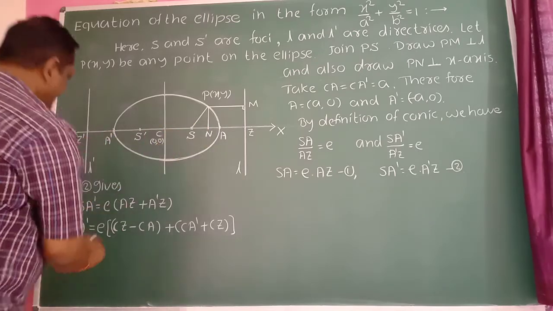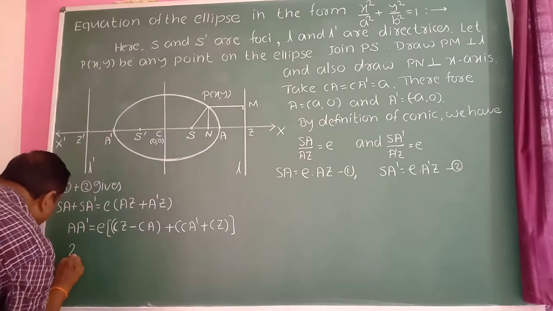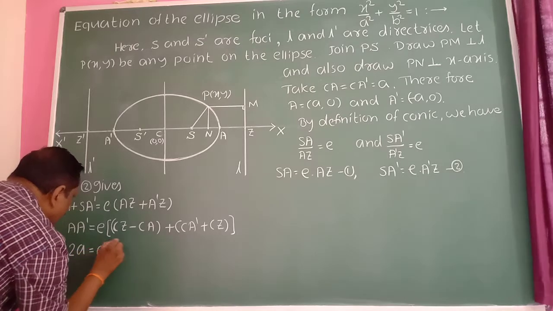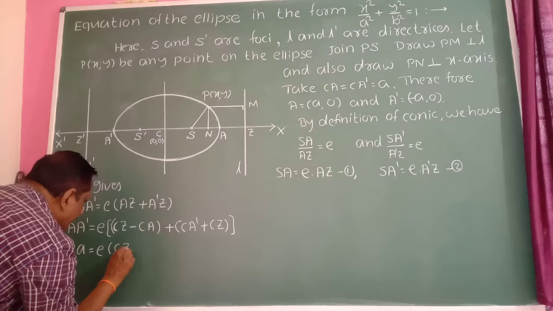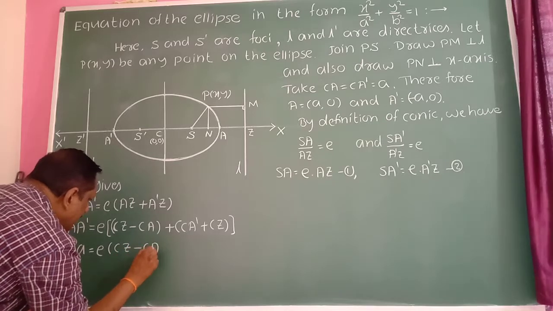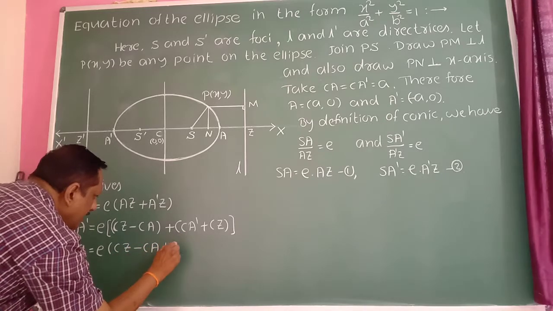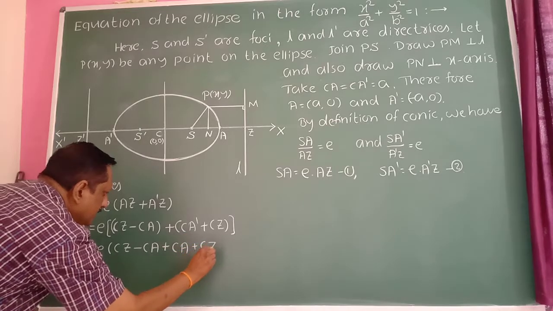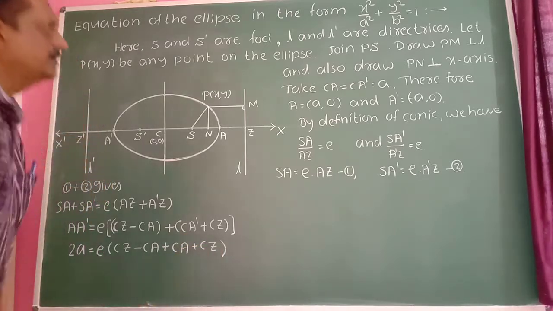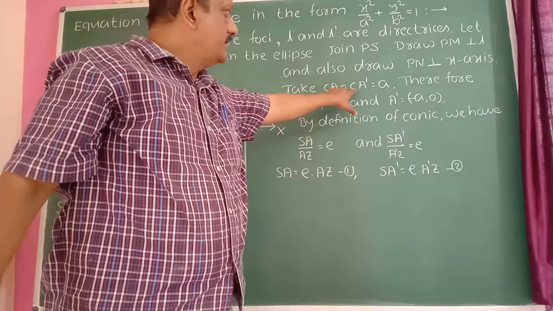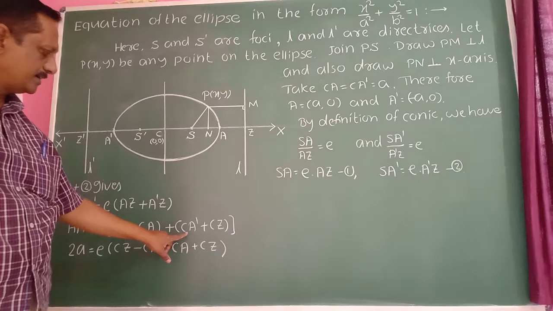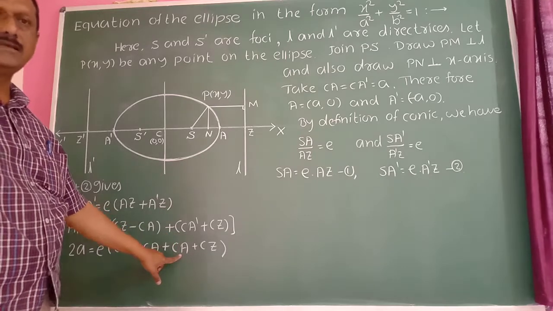It is 2a is equal to e into CZ minus CA plus CA dash. CA and CA dash are both equal, therefore instead of CA dash I am writing CA.